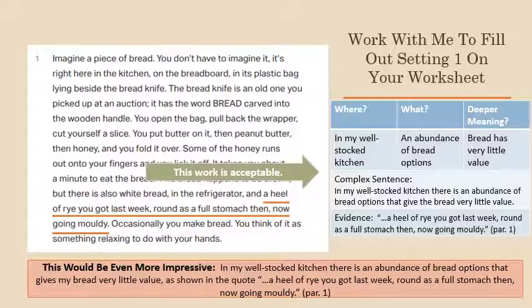As shown in the quote, a heel of rye you got last week, round as a full stomach, then now going moldy, paragraph 1, which is basically adding a transition between the first sentence that I wrote and the piece of evidence and combining it into one even longer and more complex sentence.